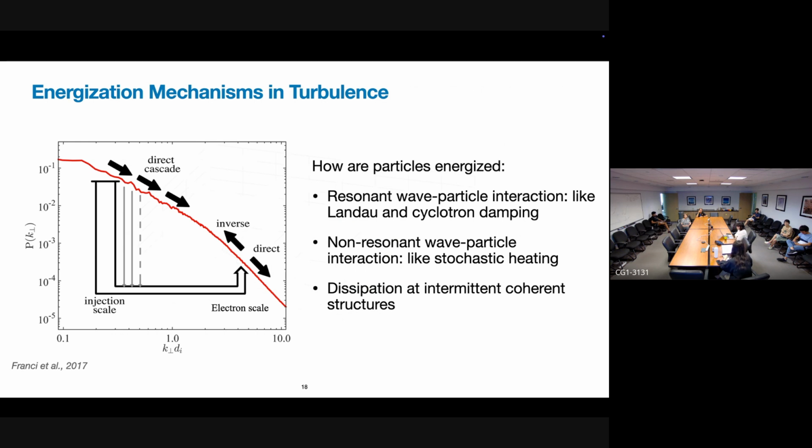Now we're making things even more complicated. We're adding turbulence to the system. So simply put it this way, turbulence cascades energy from large scale to small scale, right? Interestingly, at some point, like at electron scale, there can be processes that make the energy cascade go inversely.